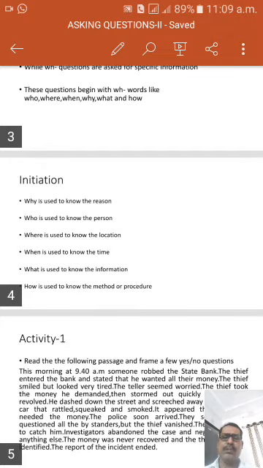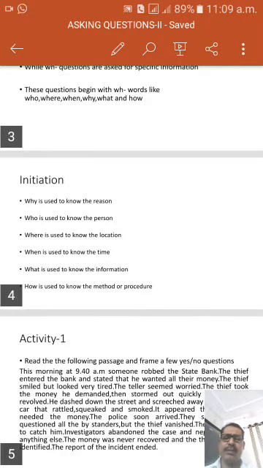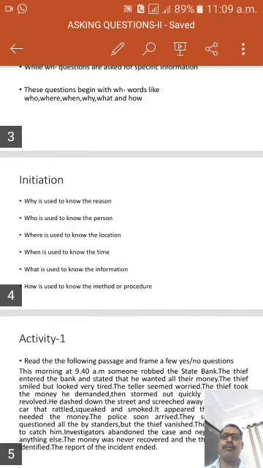Who wrote this speech? So, who is the architect of this building? Who invented this? Who discovered this? In this way, we try to know the person when we use who.